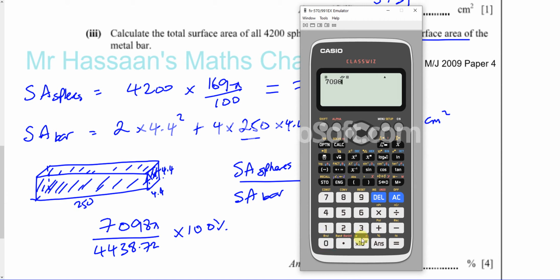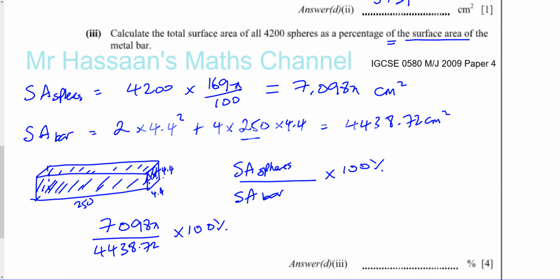So that's the numerator, and the denominator is 4438.72, and you multiply that by 100, and that gives you 502%. It was 502.38 carried on like that, but to 3SF it's 502%, and that's the answer.